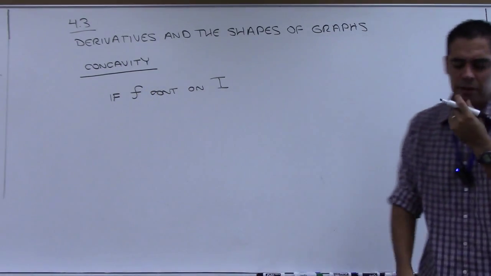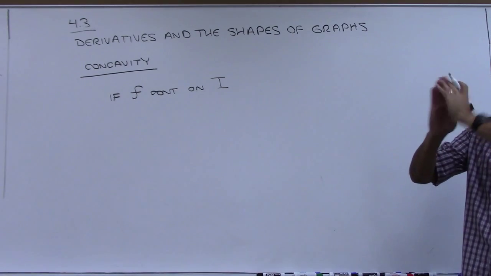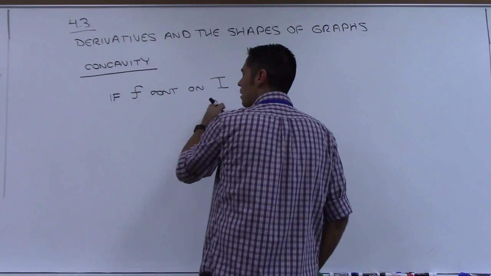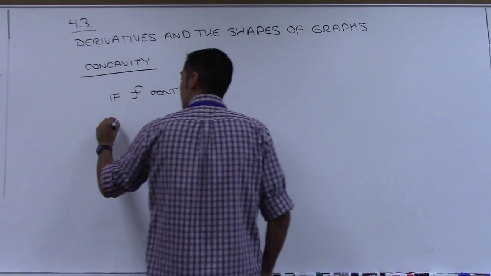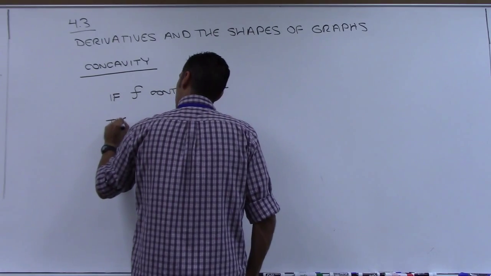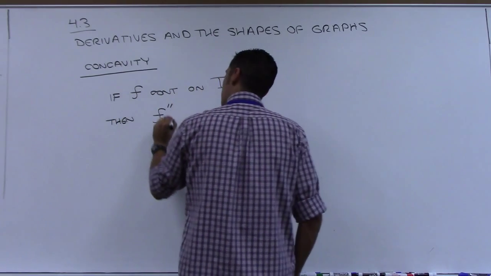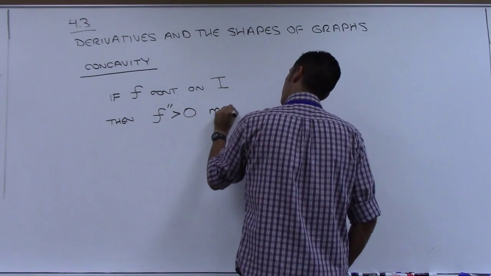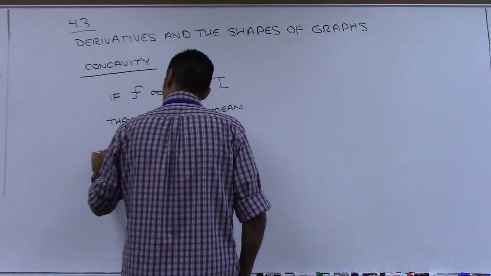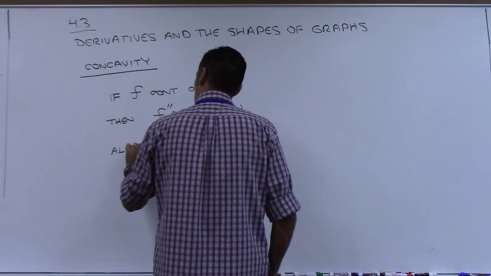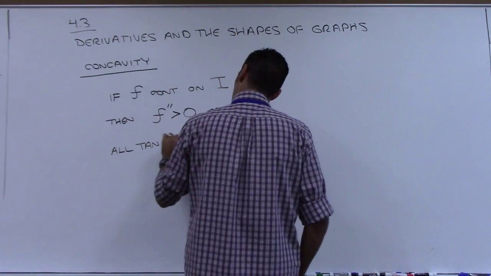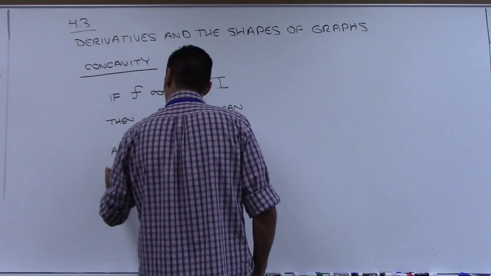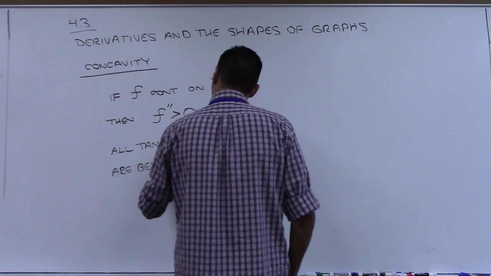Let me not put a restriction on the derivative, because we could have a cusp, and at the point, the derivative doesn't exist. So I'll put, if f is continuous on an interval, so we can draw it without picking up our pencil, then f double prime greater than 0 means all tangent lines are below f.